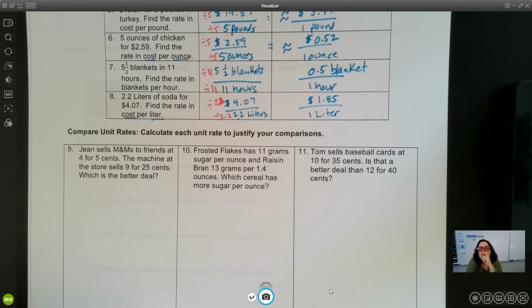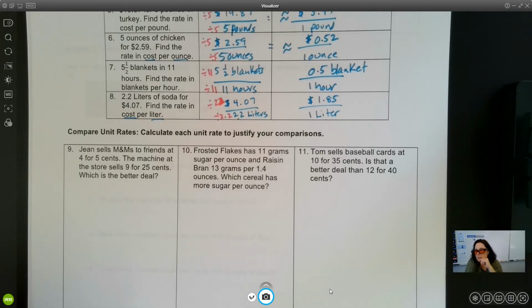Isn't the better deal for 1 M&M the smaller amount of the price, the less money? If you set it up the other way, M&Ms over money, and we get $1 on the bottom, aren't we looking for the greater amount of M&Ms for $1?